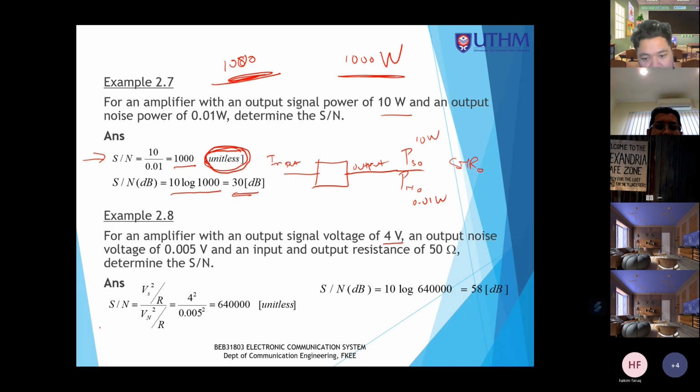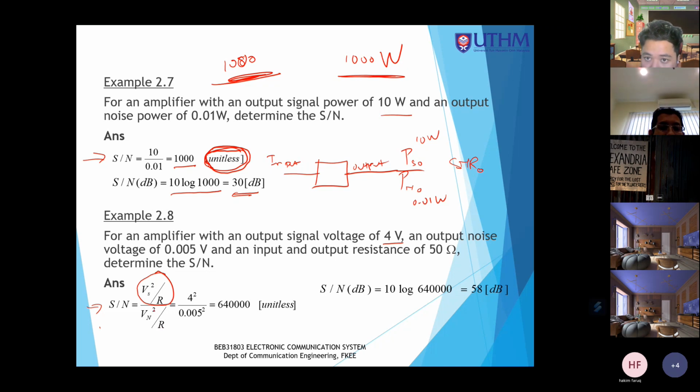So as I mentioned earlier that SNR normally we use a power ratio. So we need to do a ratio of powers, a signal power to the noise power. So that's why we need to convert into signal power, Vs square, and divide with Vn square.